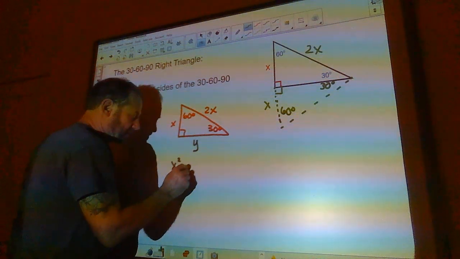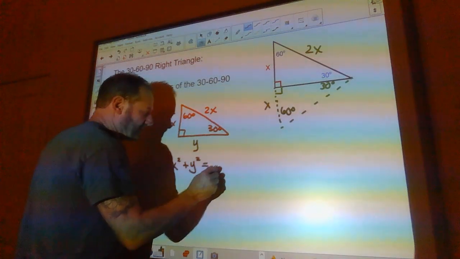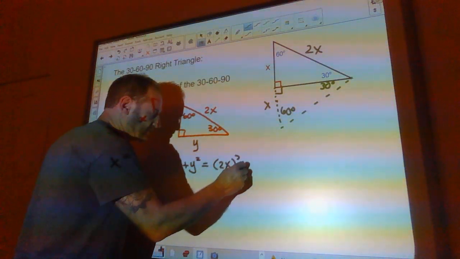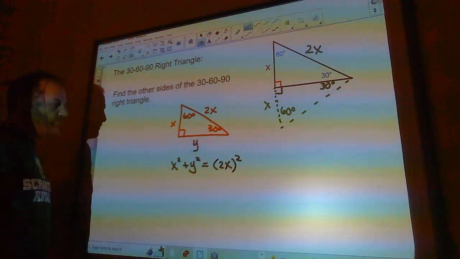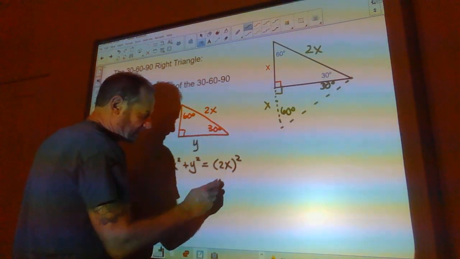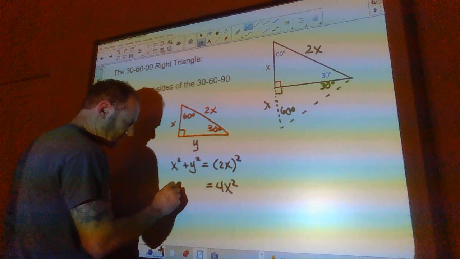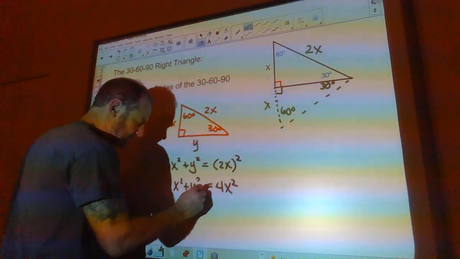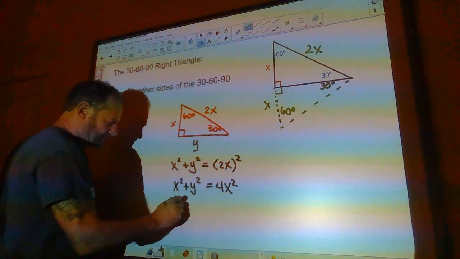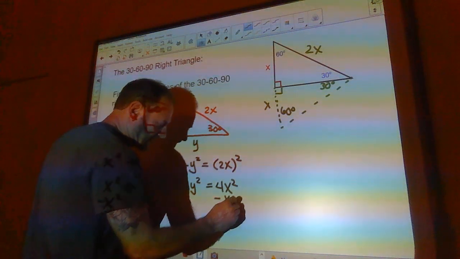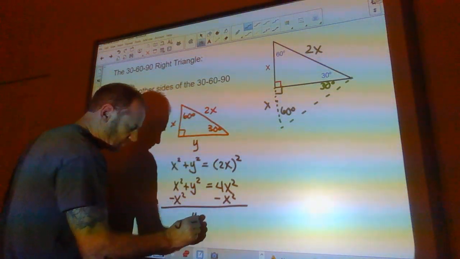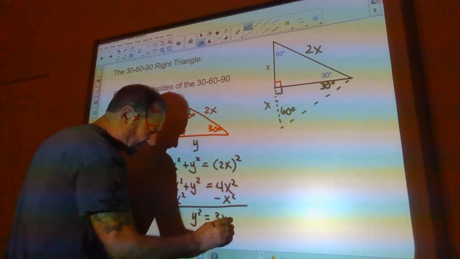So x squared plus y squared equals 2x squared. This right here, I square the 2, I square the x, and I get 4x squared. I'm going to go ahead and subtract x squared from both sides, and I'm going to get y squared equals 3x squared.